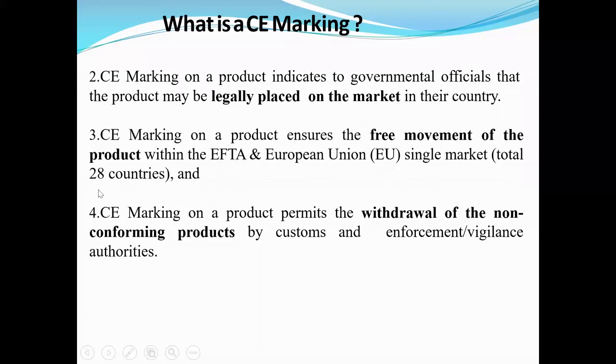So out of a total of 28 to 30 countries, you can sell your product in any of these countries, that is whole Europe. Once you get the CE mark, you can sell your product freely in about 29 to 30 countries. The CE marking on a product permits the withdrawal of non-conforming products by customs and enforcement vigilance authorities.